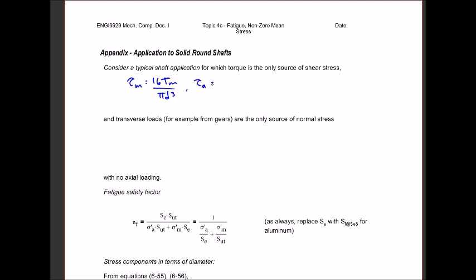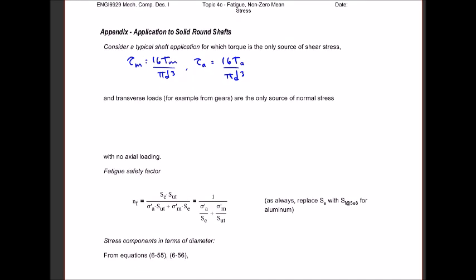And we're going to have an alternating shear stress, which is 16 times the alternating component of the torque over pi d cubed. Now, often there is no alternating component of the torque, but there could be torque pulsations.